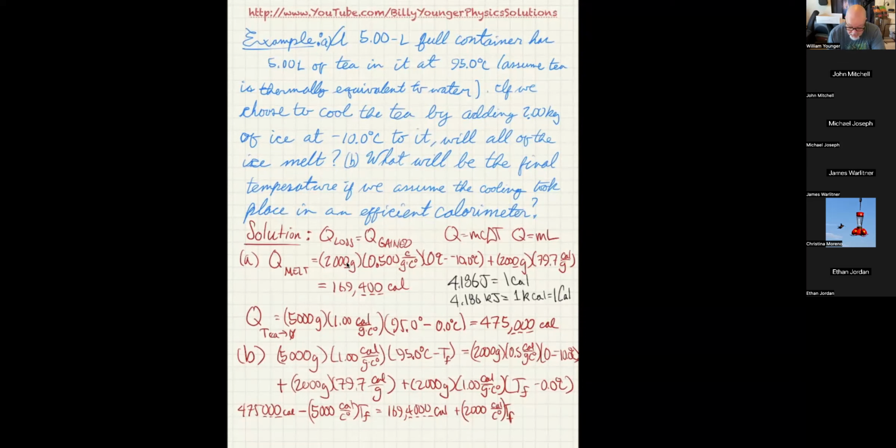I can now solve for T final by taking the T final that's on the left-hand side and pulling it to the right-hand side. Notice the zero here is what I was saying. When you multiply through by 0, that's going to make 0. So that's why there's no term here. Okay. So I have this term right here, which is T final.